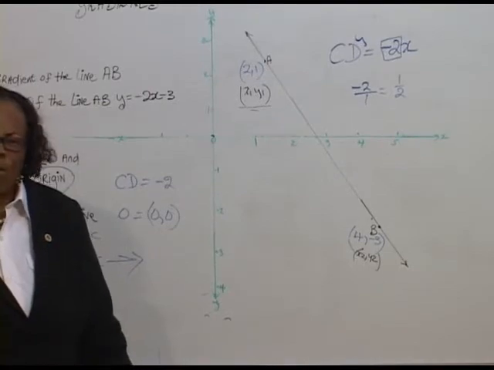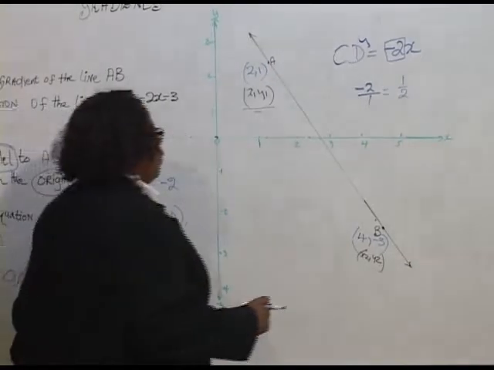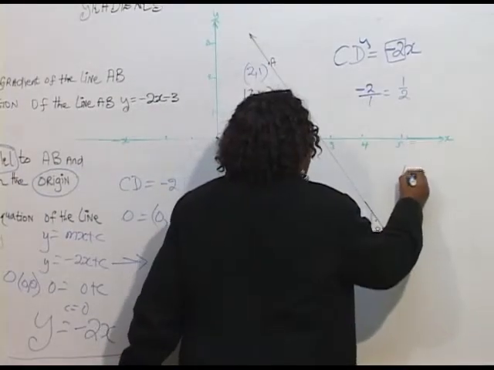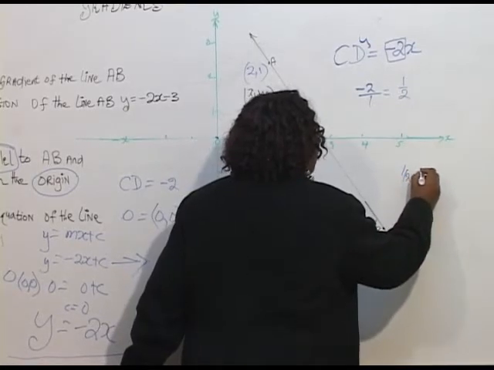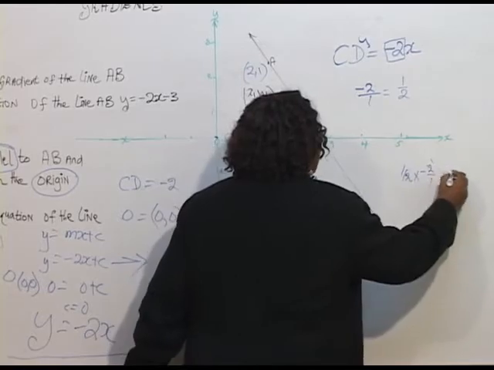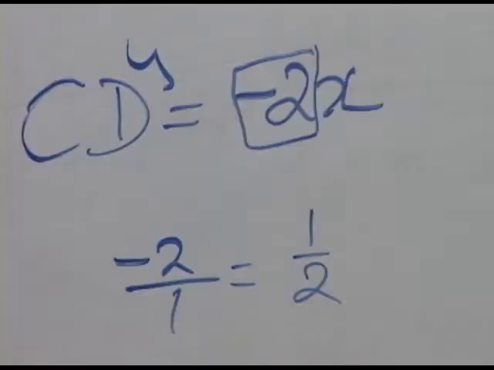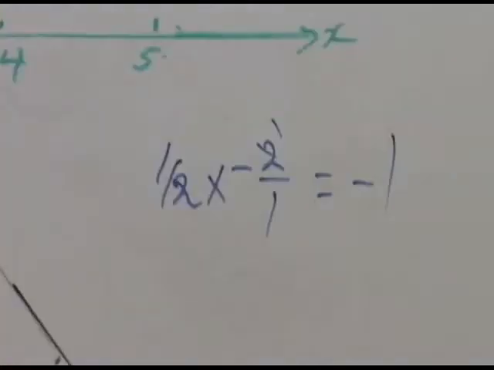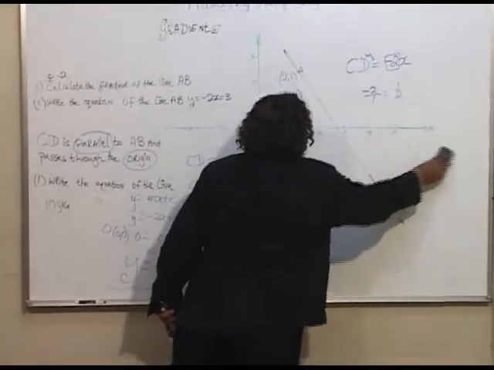And do we know if we are right? Yes. Because when we multiply a half times negative 2 over 1, what are we going to get for our answer? Negative 1. So we know that that is the correct gradient for a line which is perpendicular to y is equal to negative 2x.